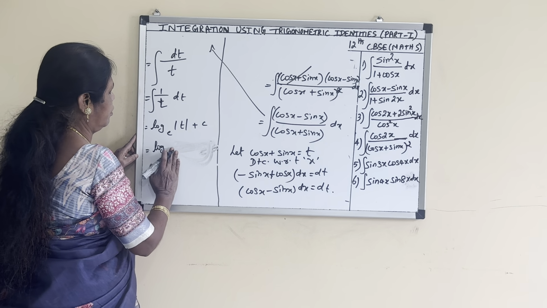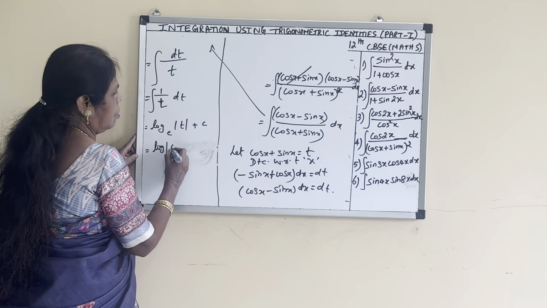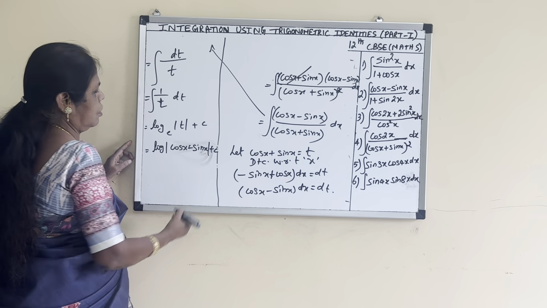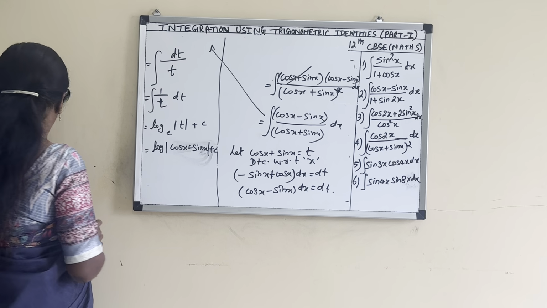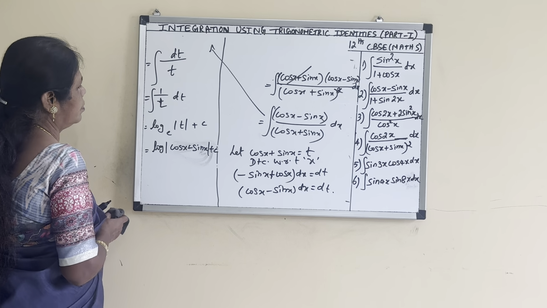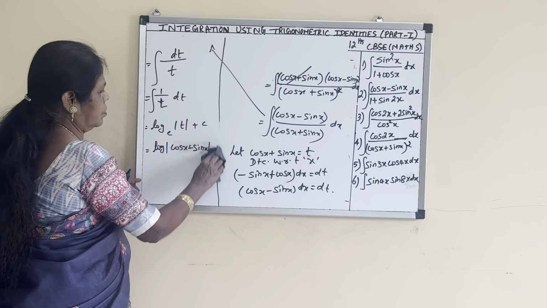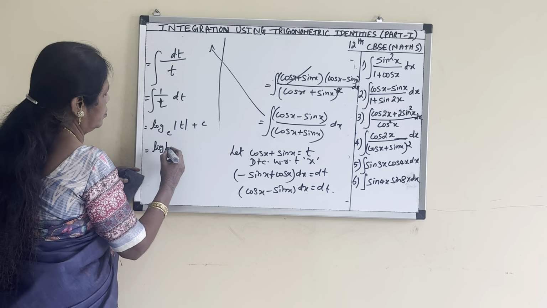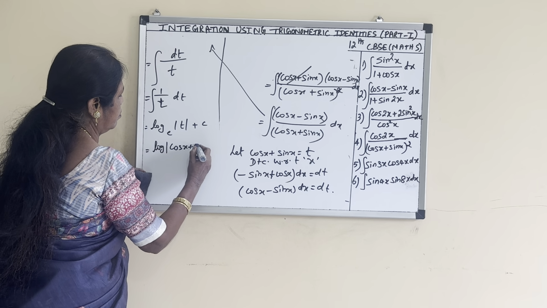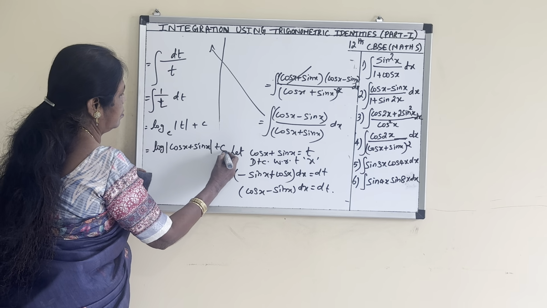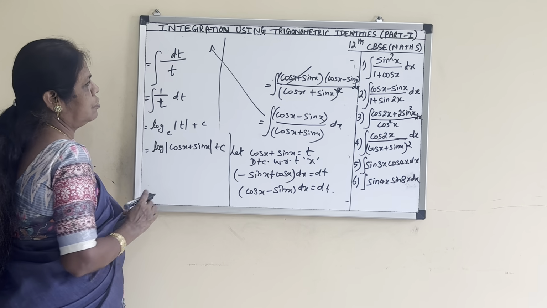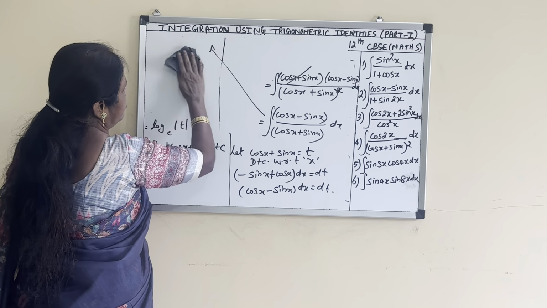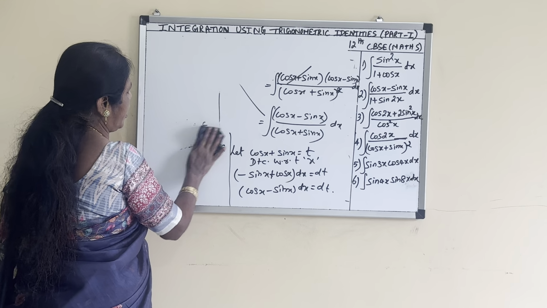I write clearly, it is log of modulus of cos x plus sin x plus c. So that will be the answer. Next questions. These 4 questions are selected for the first type of identities that I have introduced.